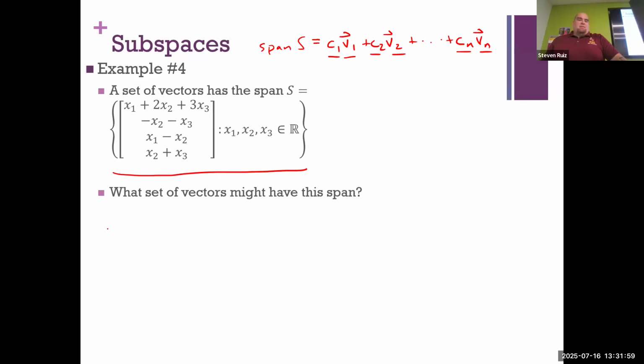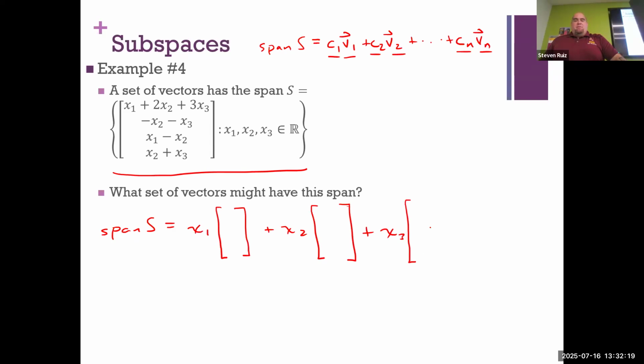So what I would like to do is write span of S as x1 times something plus x2 times something. I have to do this for every single constant, but there are only 3 of them. So I have a way of figuring out what vectors could go there logically.